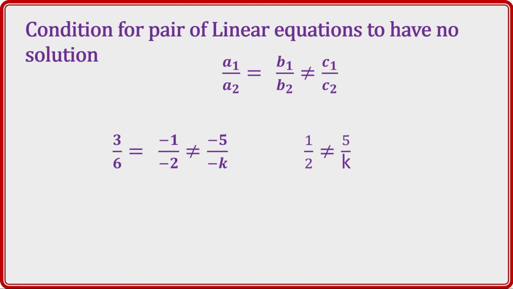Take any two values. Here minus 1 by minus 2 is not equal to minus 5 by minus k. On cancellation of minus signs, we get 1 by 2 is equal to 5 by k. On cross multiplication, k into 1 is not equal to 2 into 5. Therefore, k is not equal to 10.